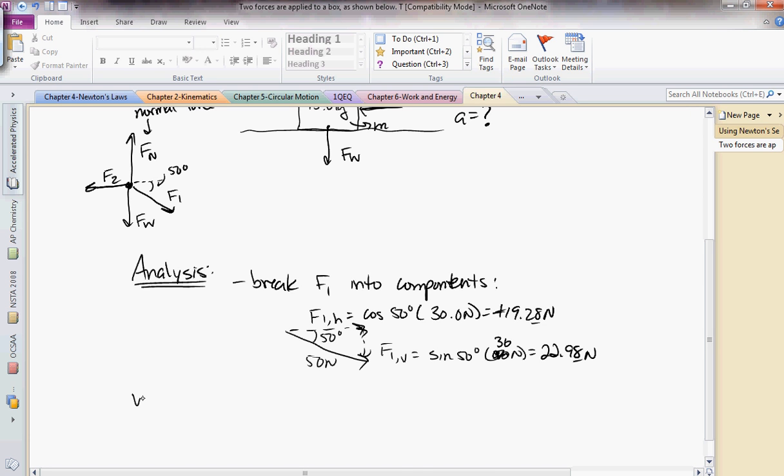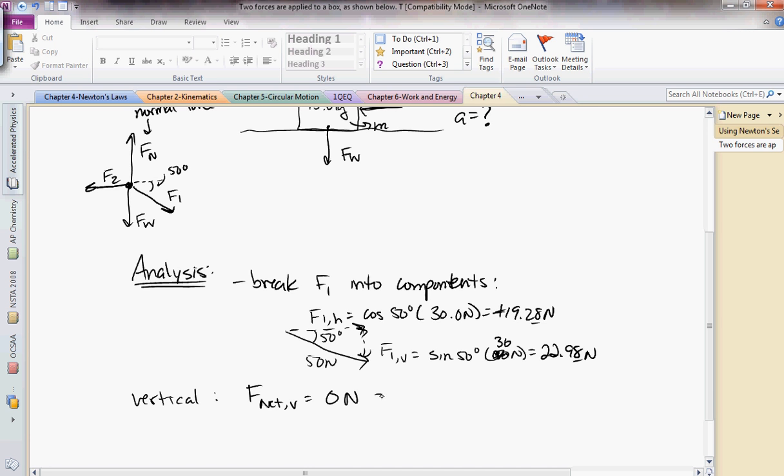Now, from the problem and from imagining what would happen, you can imagine that the net force in the vertical direction will have to be 0 newtons. If that net force is not 0 newtons, then the box would have a vertical component to its acceleration on a level table. So it would start to slant up or start to slant down. And we know that's not going to happen.